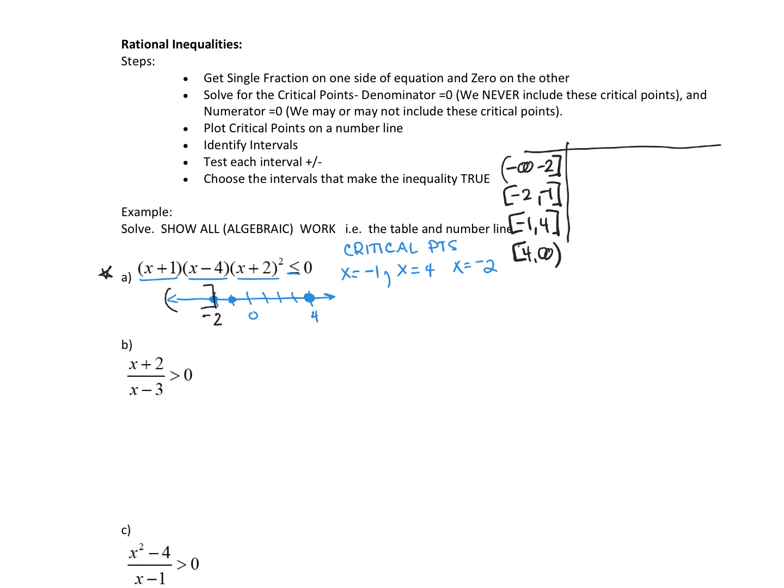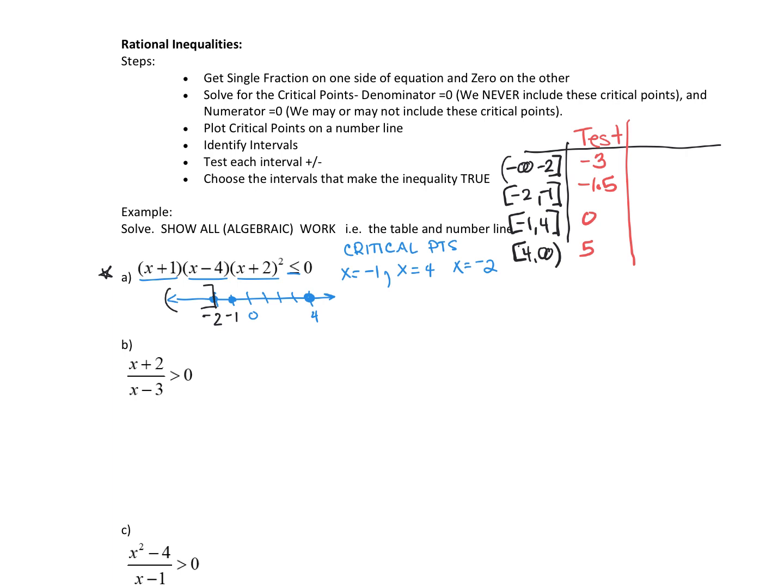So remember, this was negative 2 and this was negative 1. And then I have to choose a test value in each interval. So I'm going to test negative 3 here, negative 1.5, 0, and 5. Those seem legitimate. We can choose any values that are in those intervals.